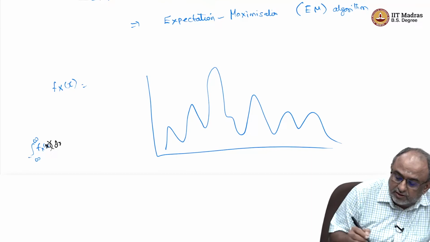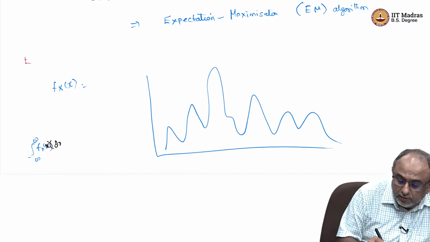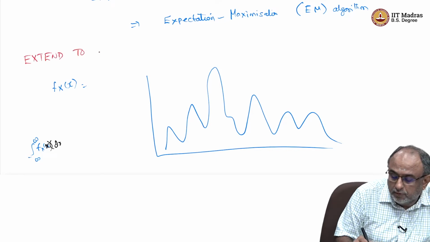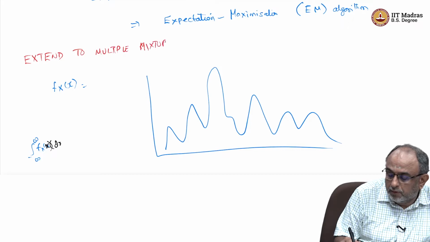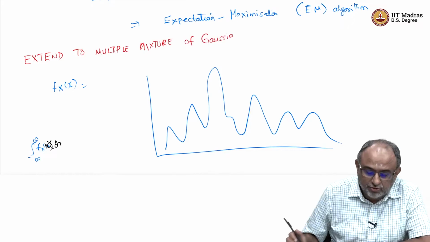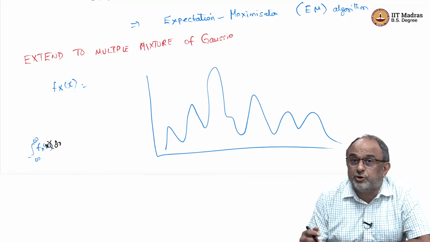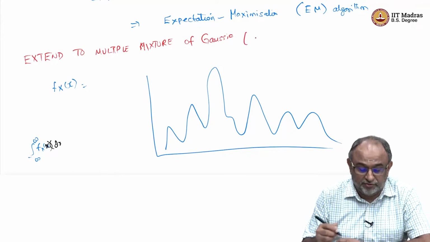So, we can extend this idea to multiple Gaussians. If we are having a mixture of Gaussians, not necessarily 2, but multiple, let us say a mixture of 16 or a mixture of 8.